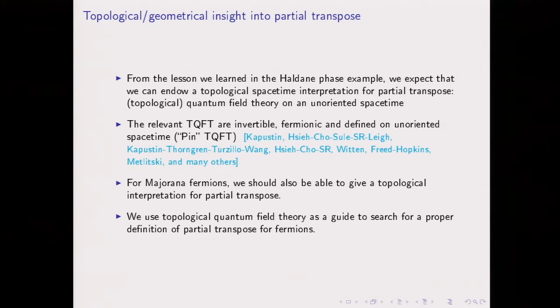We assume there should be such an operation because we expect that the topological superconductor phase is described by some sort of topological quantum field theory. So basically, we try to match the results from topological quantum field theory and the microscopic definition of fermionic partial transpose. Once we do that, we take this as the definition of the fermionic partial transpose.